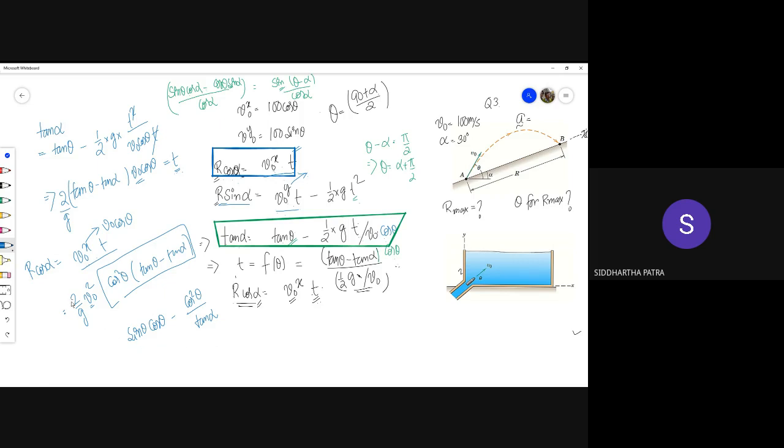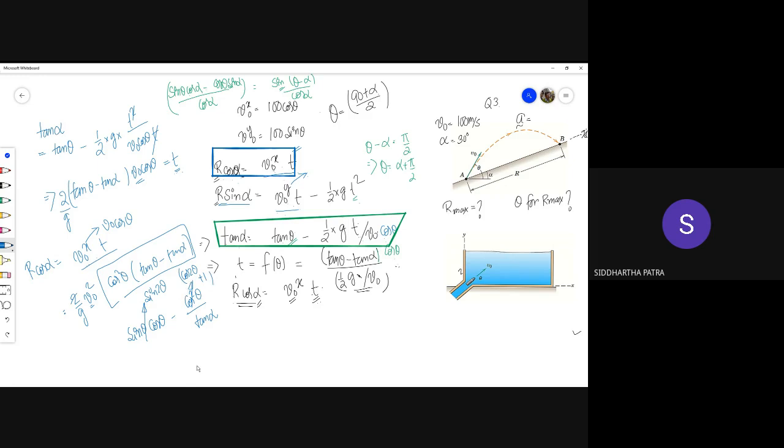So now if I also take this 2 over here, that is sine 2 theta, and this quantity is cos 2 theta plus 1, right?